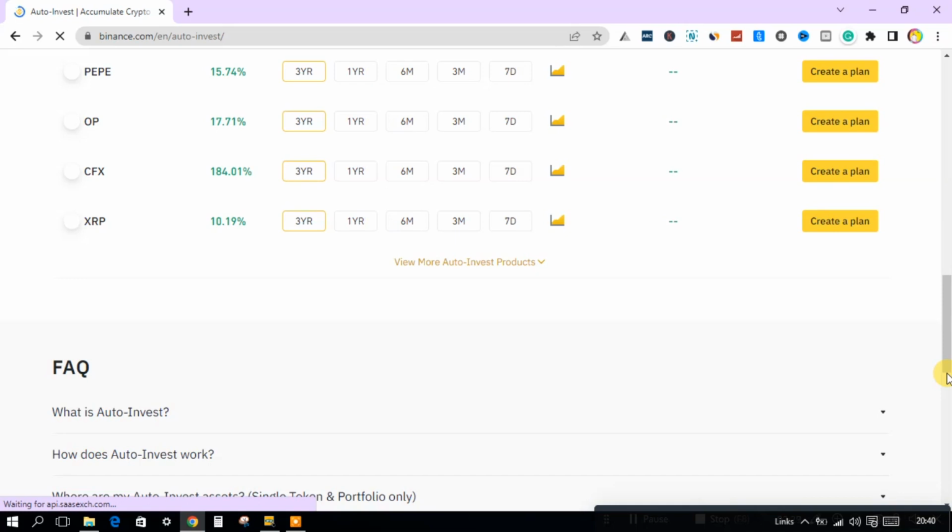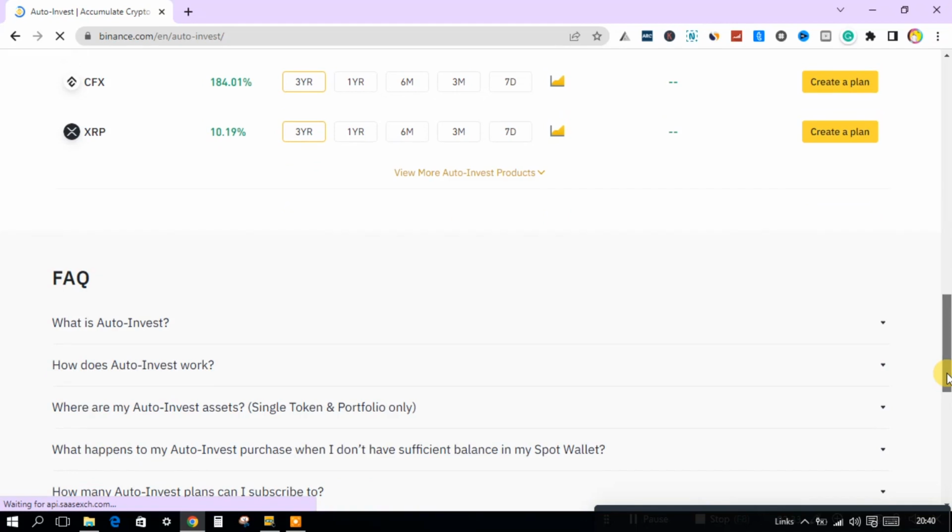So you can read through the frequently asked questions, the FAQ, and understand it very well. What is Auto Invest? How does it work? Where are my Auto Invest assets?